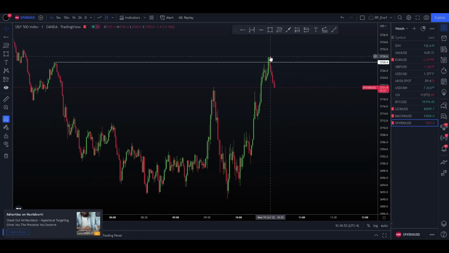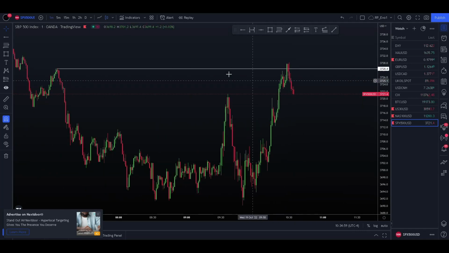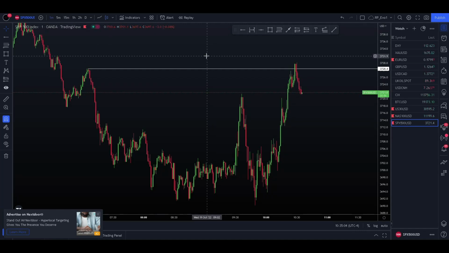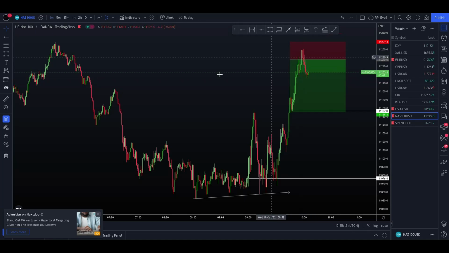If you look at S&P also, yeah, we went above this high and started retracing. And you might also wonder why, out of all these highs, this high? Eventually you can see NASDAQ literally took out these highs too.